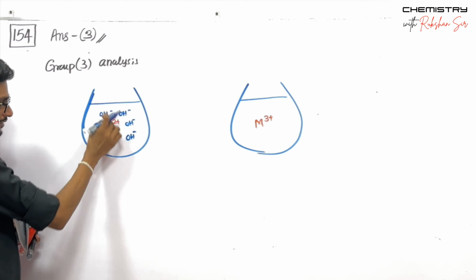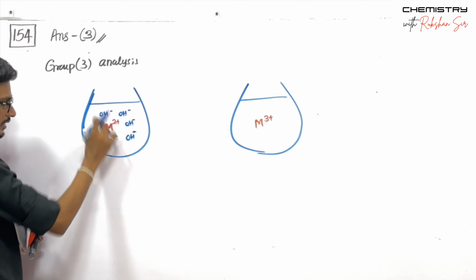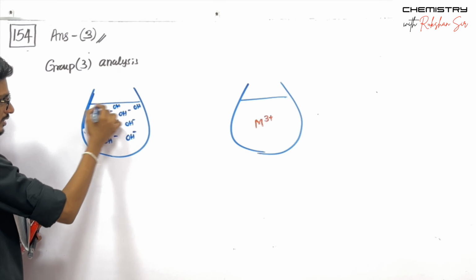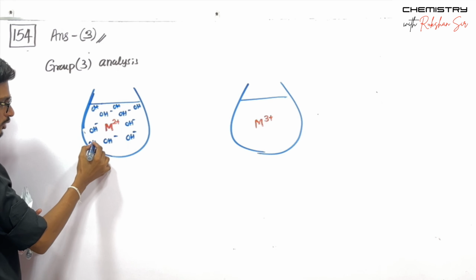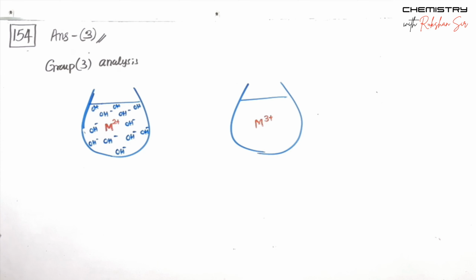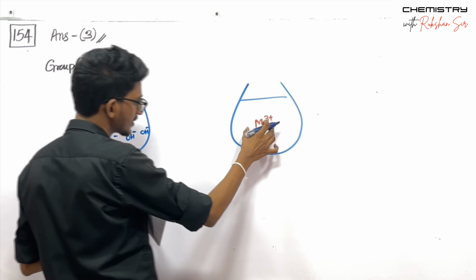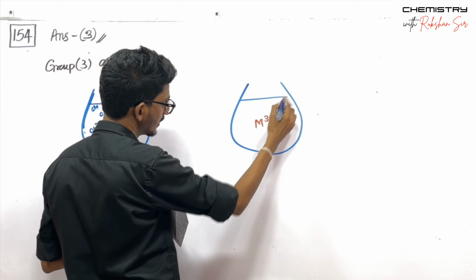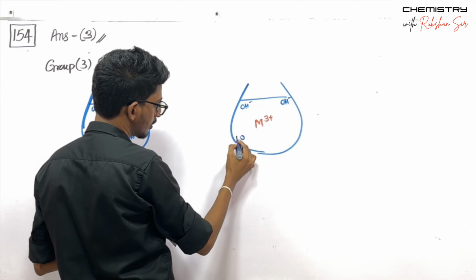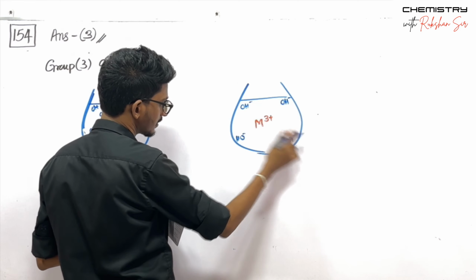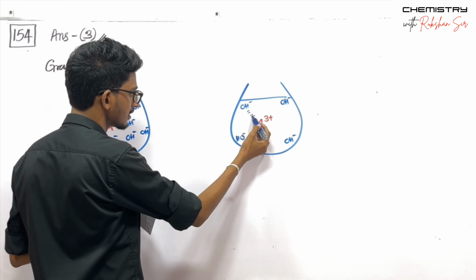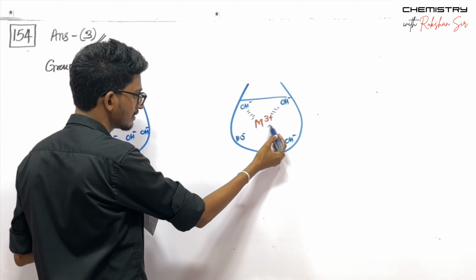That means you need a greater OH minus concentration to get precipitated in the 2 plus situation. But with the 3 plus charge, as its charge density is very high, it can attract even anions far away from the cation.